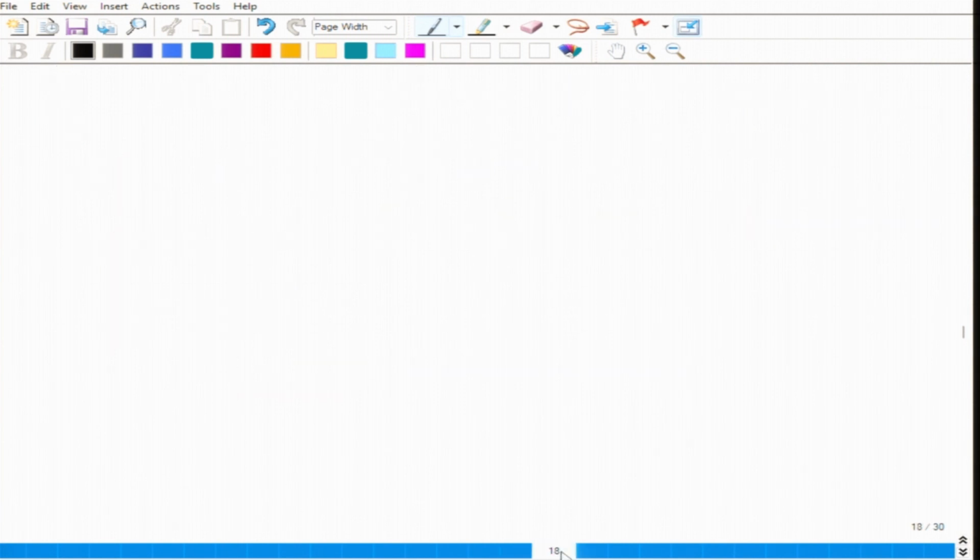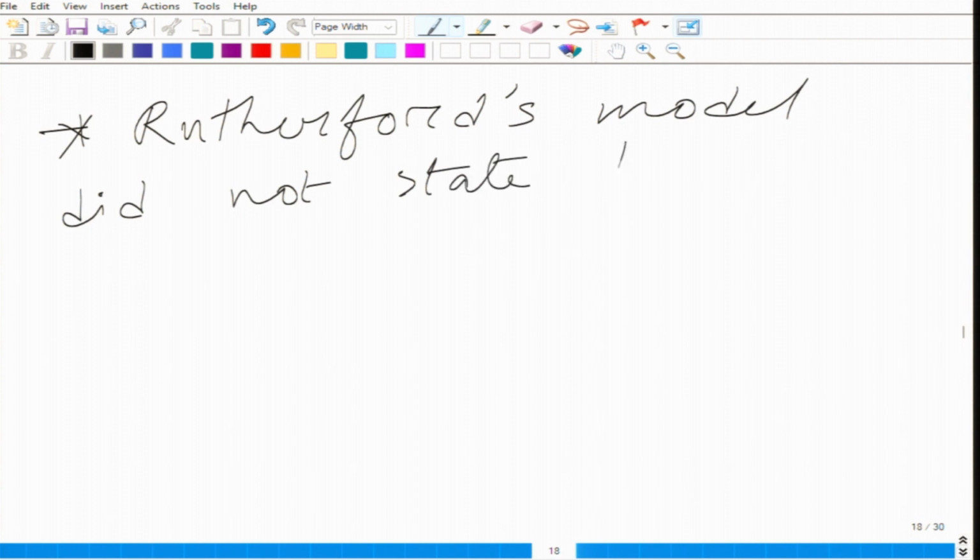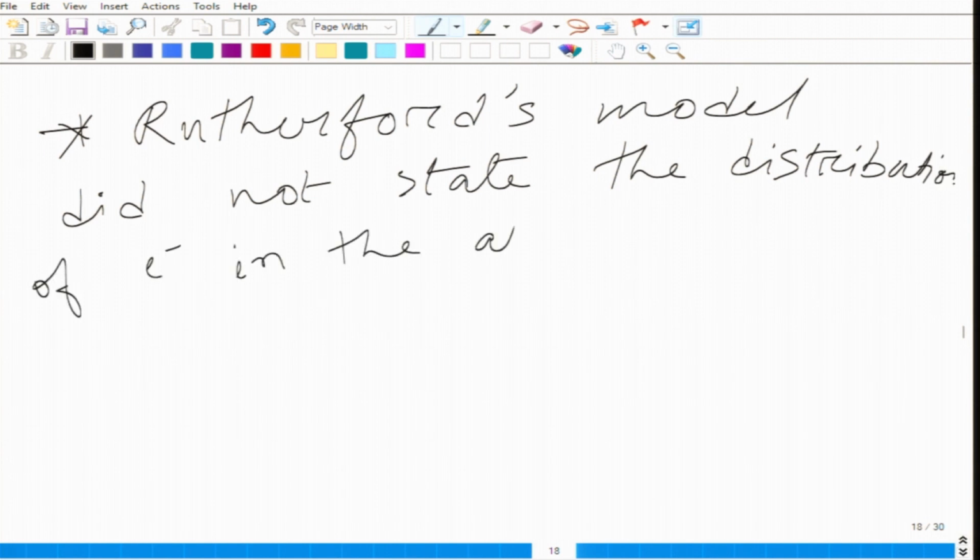There was another crucial drawback. Another crucial drawback of Rutherford's model was that it did not state the distribution of electrons in the atom and their energies.